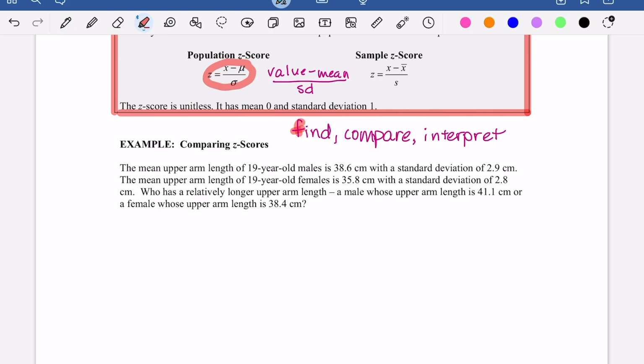It says the mean upper arm length of 19-year-old males is 38.6 centimeters with a standard deviation of 2.9 centimeters. The mean upper arm length of 19-year-old females is 35.8 centimeters with a standard deviation of 2.8 centimeters. Who has a relatively longer upper arm length: a male whose upper arm length is 41.1 centimeters, or a female whose upper arm length is 38.4 centimeters?